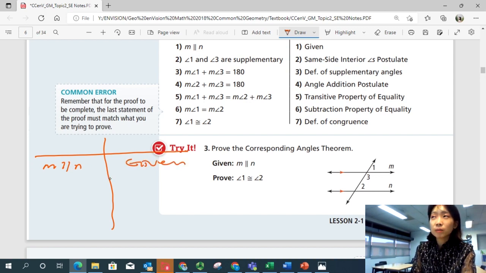Lines M and N are parallel, and what else? This is the statement, and this is the reasons. And then by the angle addition postulate, you can say that the measure of angle 1 plus the measure of angle 3 is equal to 180.